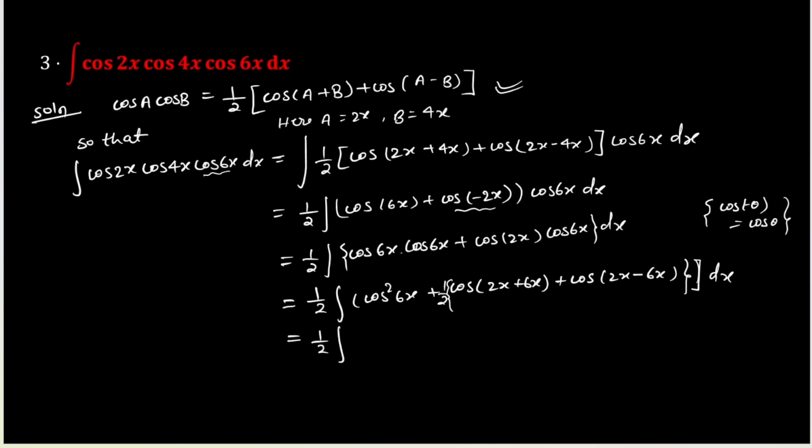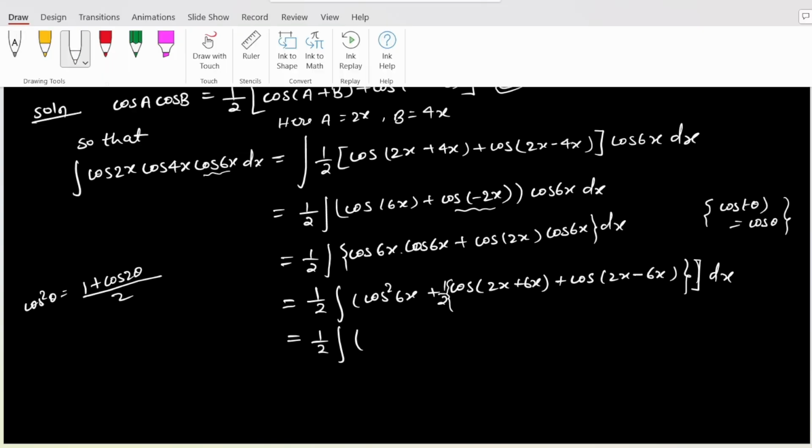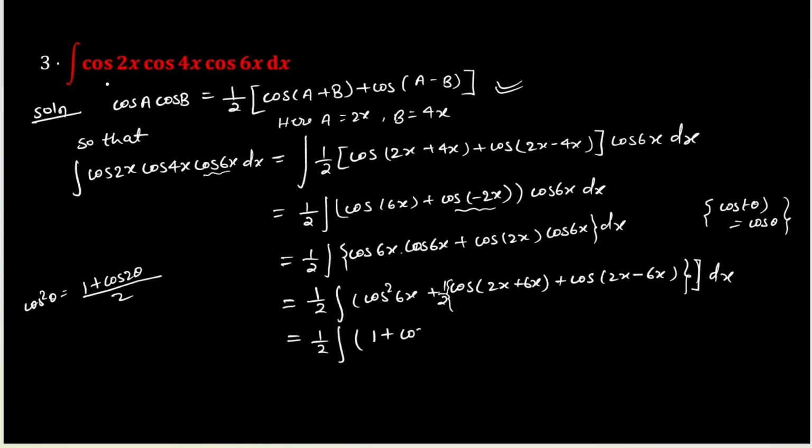Here we use the formula cos squared theta is equal to (1 plus cos 2 theta) by 2, where theta is here 6x.